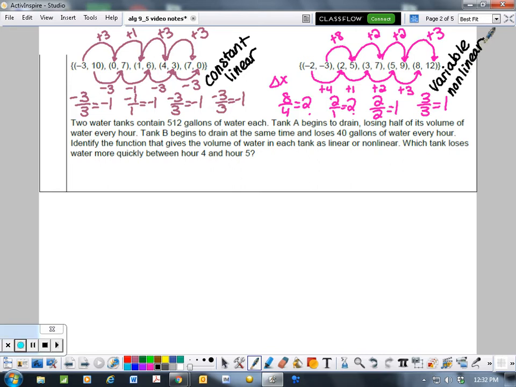Okay, so let's use the same idea on this problem. Okay, so we're given some information. We have 2 water tanks. So I'm going to go ahead and look at tank A. Tank A begins to drain, losing half of its volume of water every hour. So at the very beginning, we have 512 gallons.